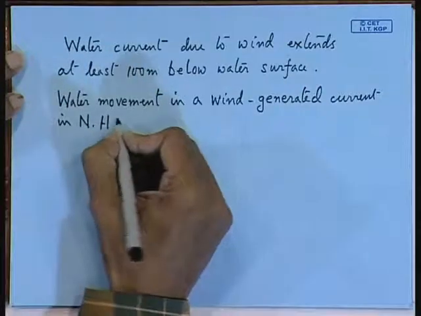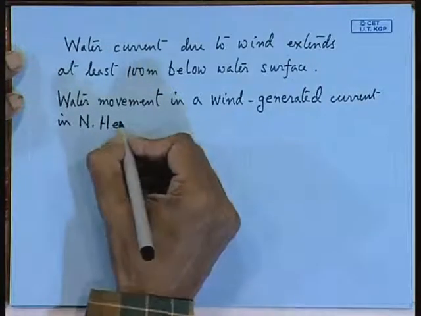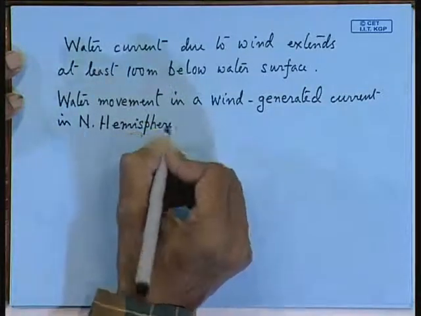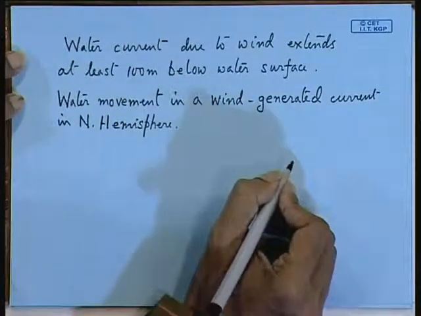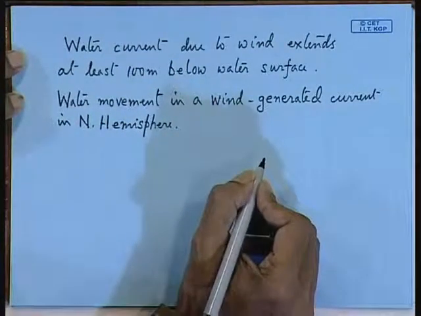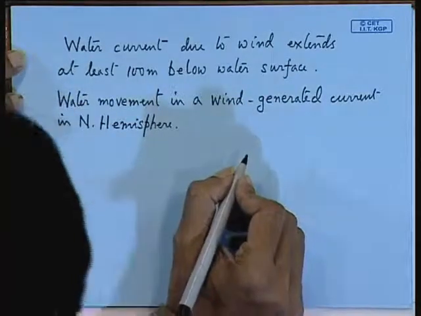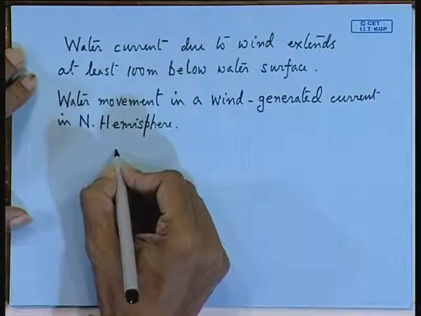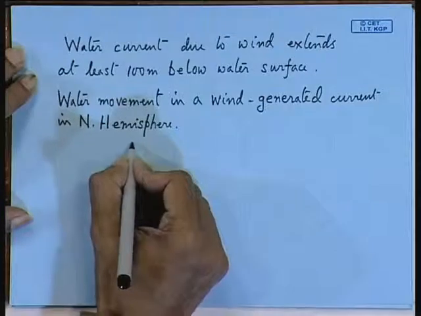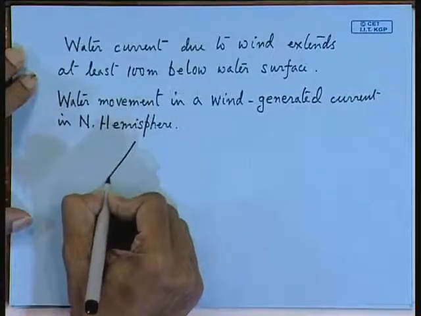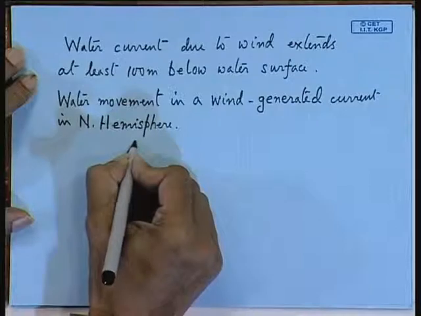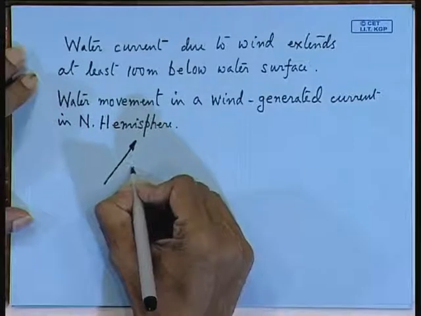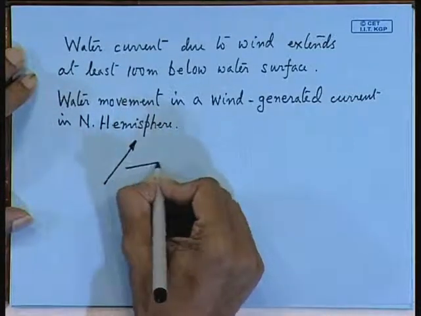Now, why I am writing northern hemisphere is by looking at this diagram you can tell me. Now, if you take a vectorial spread, let us say that your wind is blowing in this direction, then surface currents will go like this.